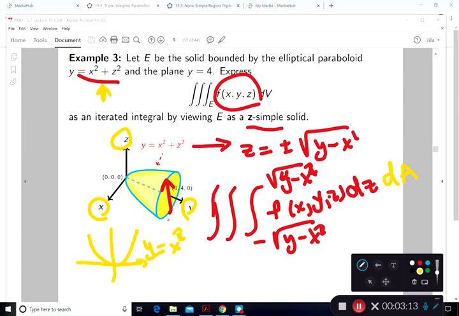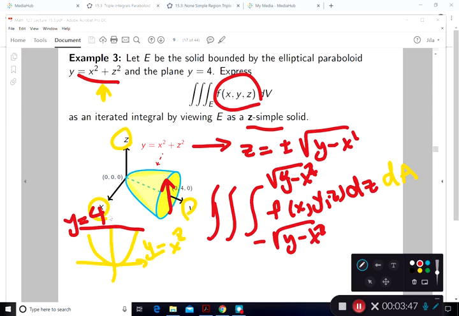And then I see that this also has to have another bound. The other bound is y equals 4, the plane, which intersects the xy plane at y equals 4, which is a line. So I have to figure out the bounds of the two outer integrals using this region.